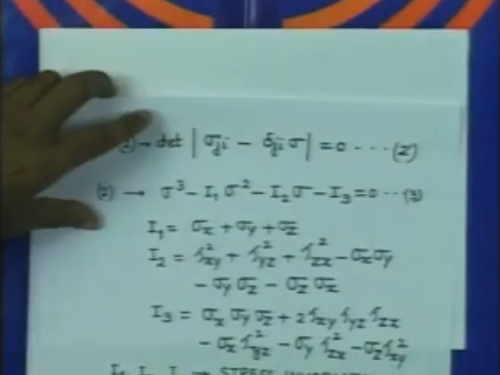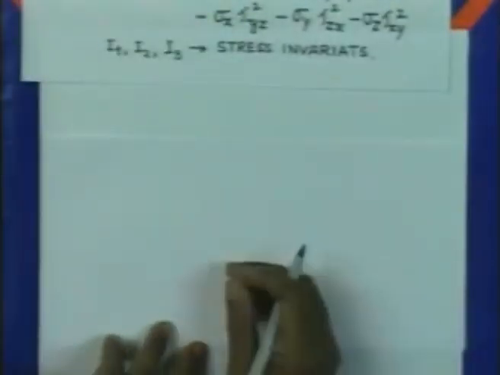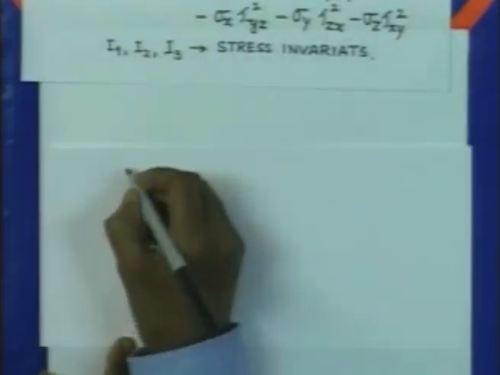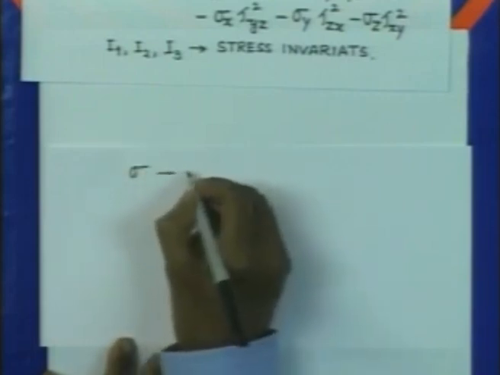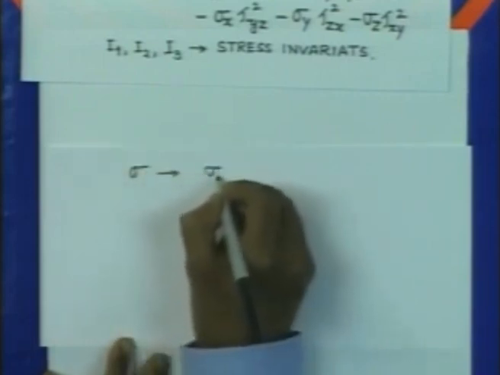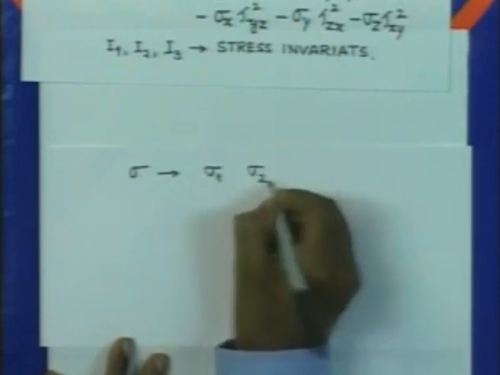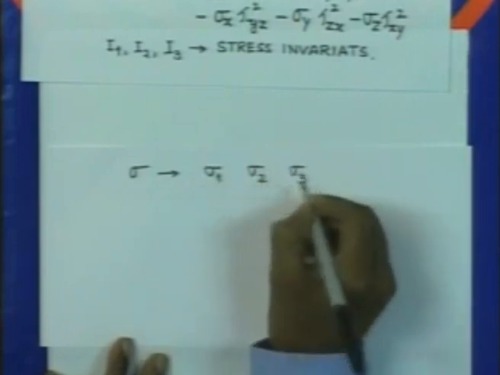This equation will have 3 roots for sigma, and it can be shown that these roots are real. Let us say the 3 roots are sigma 1, sigma 2 and sigma 3.